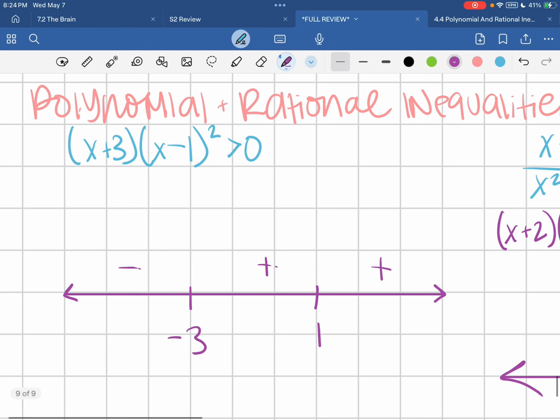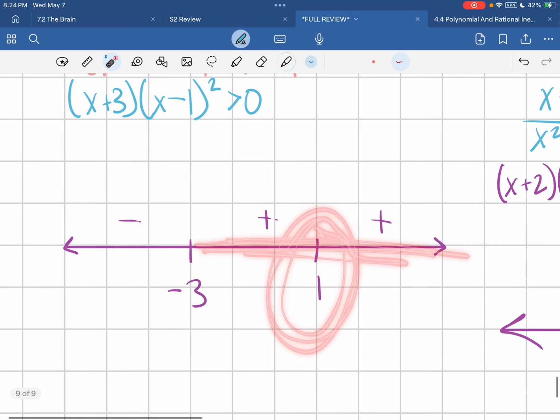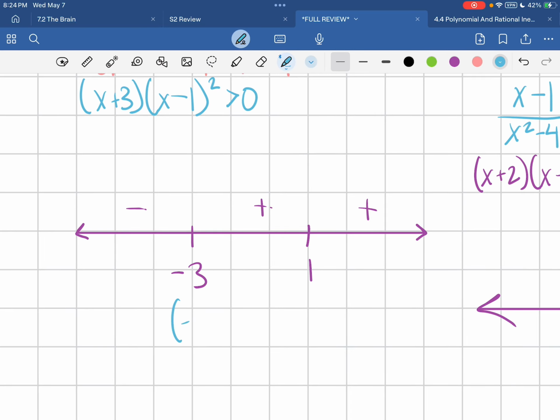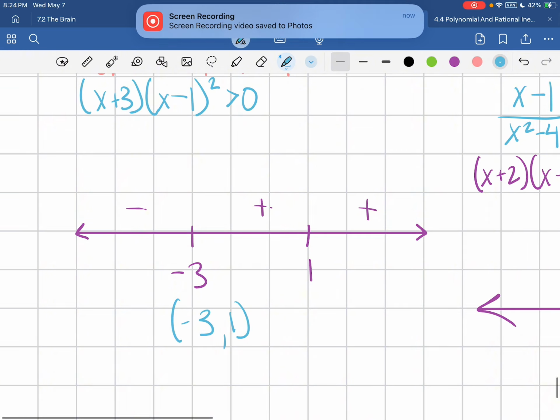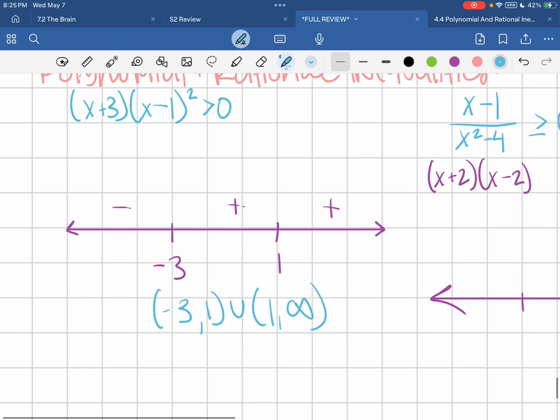And then you would just write your answer for all of the numbers that are greater than 0. So all of this but not including 1. Because not when it equals 0, when it's greater than 0. So your final answer would look like this. I'm pretty sure. Could be wrong.